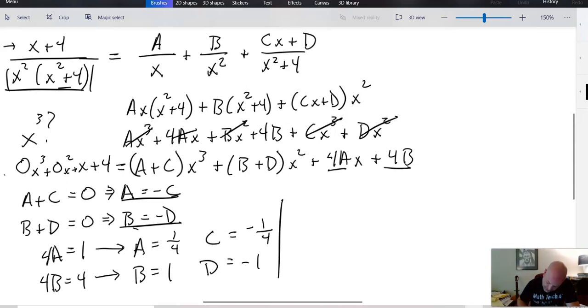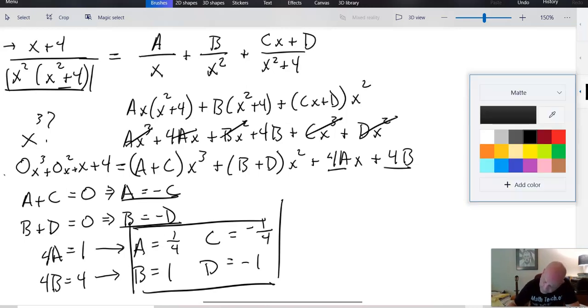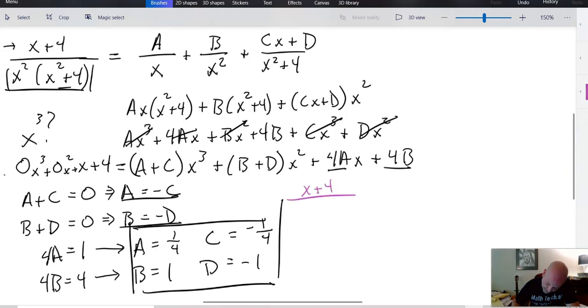And those four things right here together tell us how to break this up. So, in fact, let's switch colors just for celebration purposes. Okay, so we have x plus 4 over x squared times x squared plus 4. And we just found out, let's see, a is 1/4, so this is now 1 over 4 times x plus, let's see, b is 1, so this is 1 over x squared.